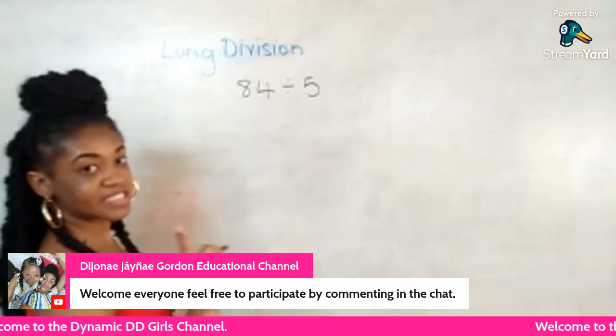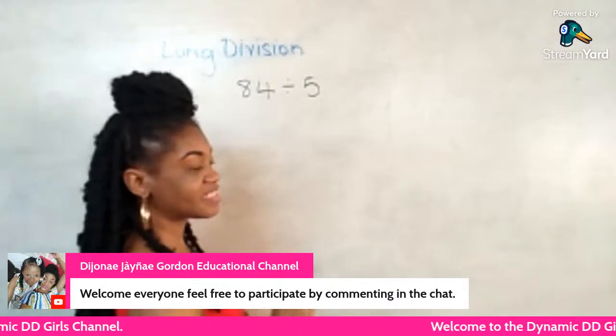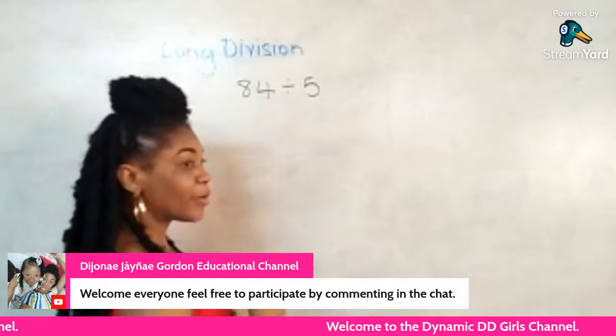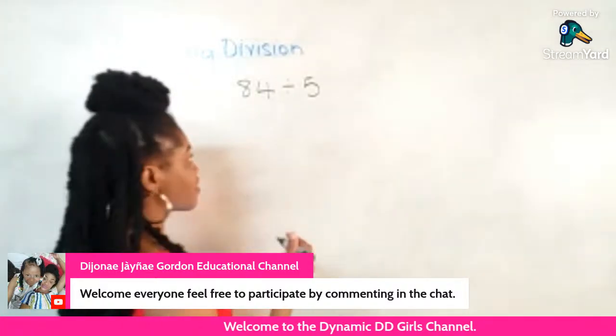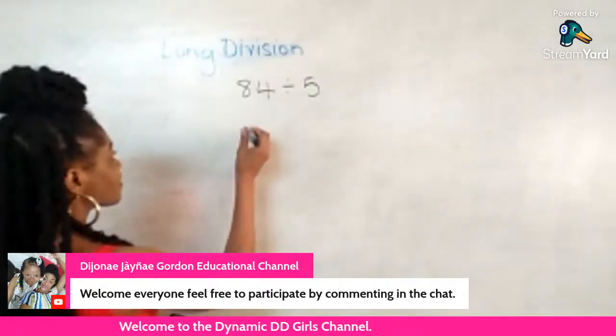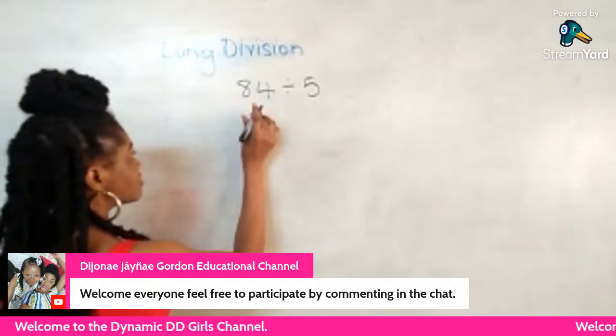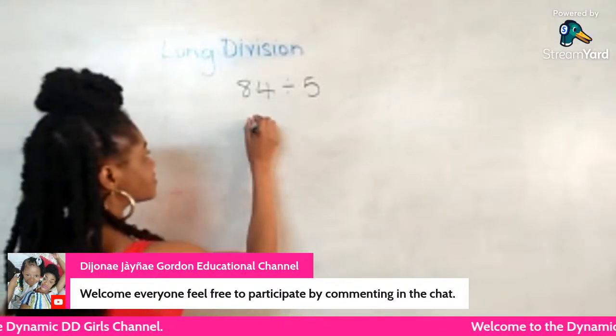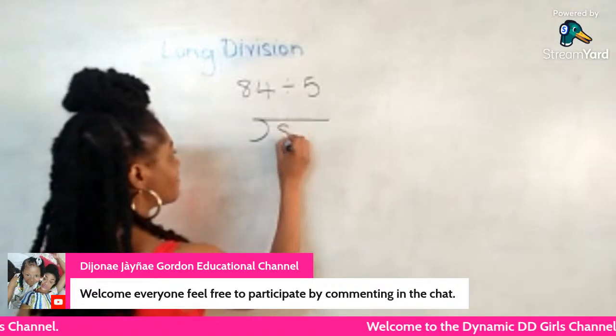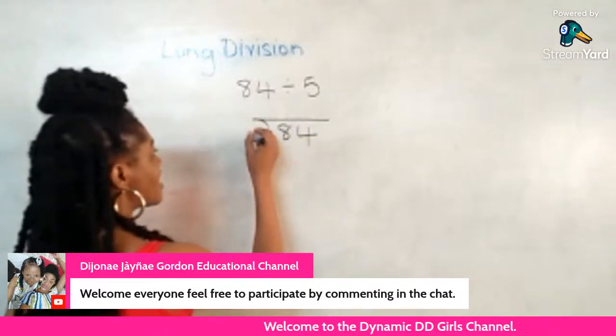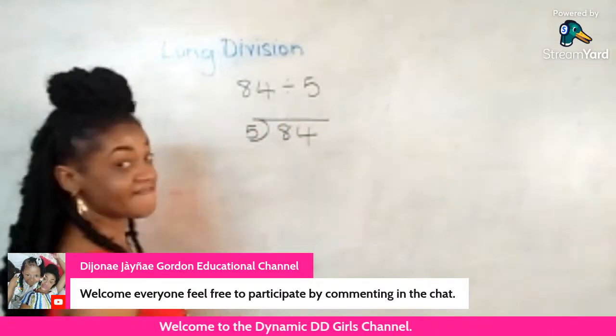First, we have to set out this problem. So we have 84 and we're going to be dividing by 5.